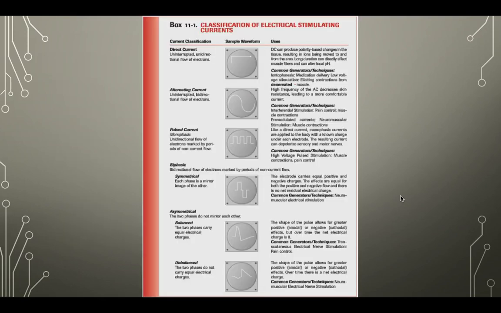So talking about the waveform itself, so the type of wave that you can have. We have the type of wave that is formed based on the type of electricity that we have. So we have direct current, which is a unilateral flow of the electrons. So think of it like a battery with a flashlight.